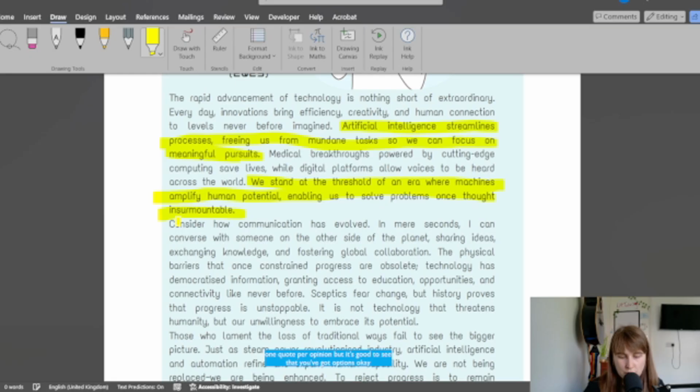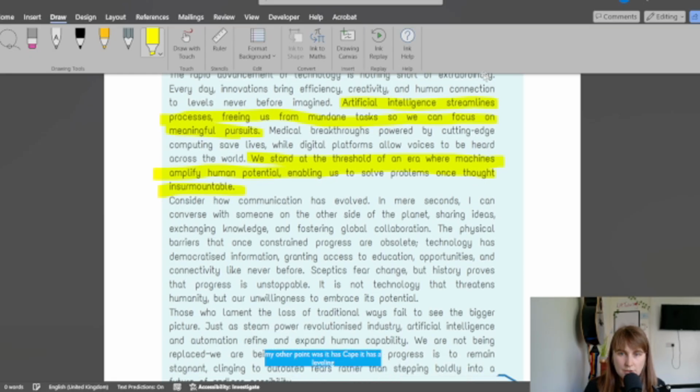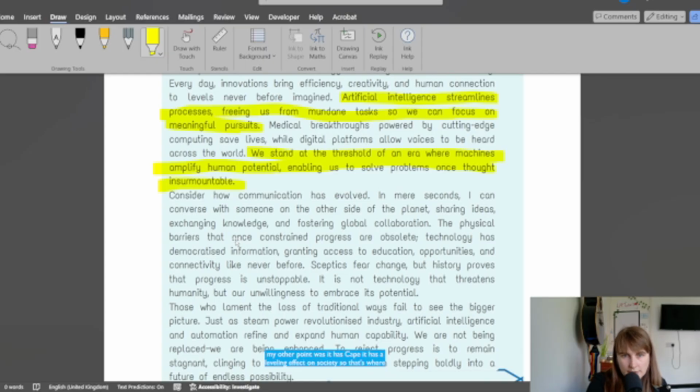Okay, good. And then my other point was it has a levelling effect on society. So that's where it's talking in that second paragraph. It says about the communication, and then it's saying the physical barriers that once constrained progress are obsolete. Technology has democratized information. That's the key bit there. Granting access to education, opportunities, and connectivity like never before.